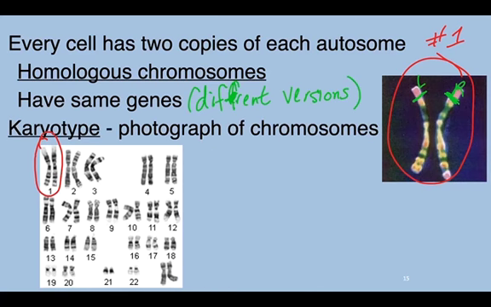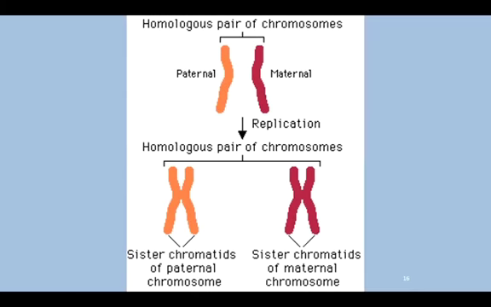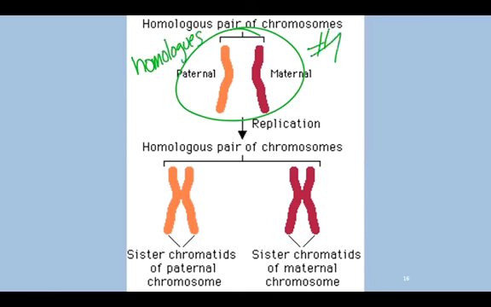Right? And then this is a karyotype, again, a photograph of chromosomes. So just to drive the point home as far as what homologous pairs mean, this is a chromosome pair. These are homologs. So this would be like pair number 1. When your cells get ready to reproduce, chromosome number 1, you have 2 different versions.